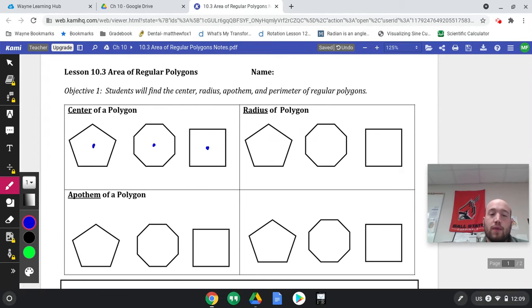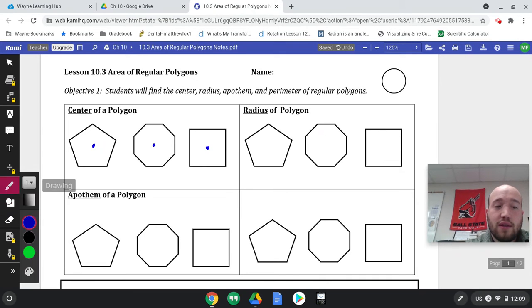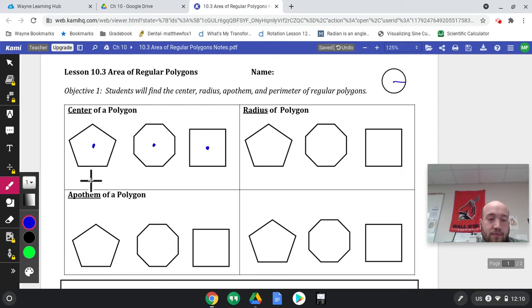Now we know when we have a circle, the radius is the distance. So if I put a circle up here, it's the distance from the center point that we just had to the edge, okay? It'll be that same concept. So let me show you.